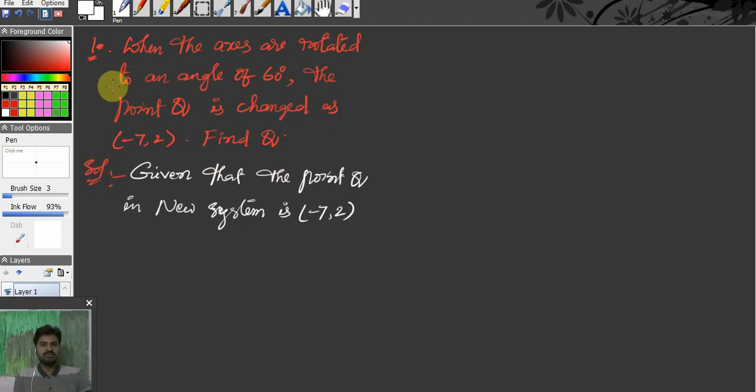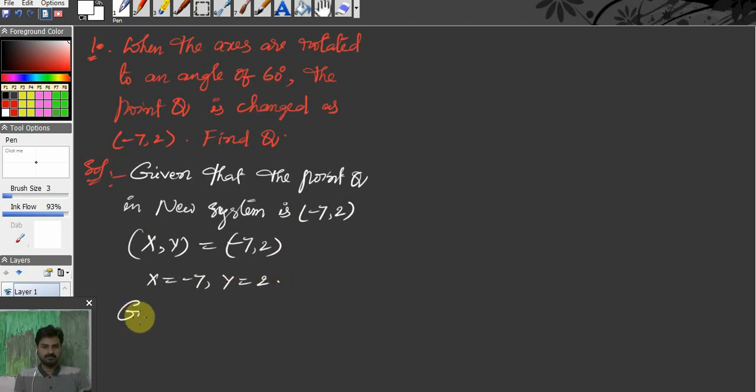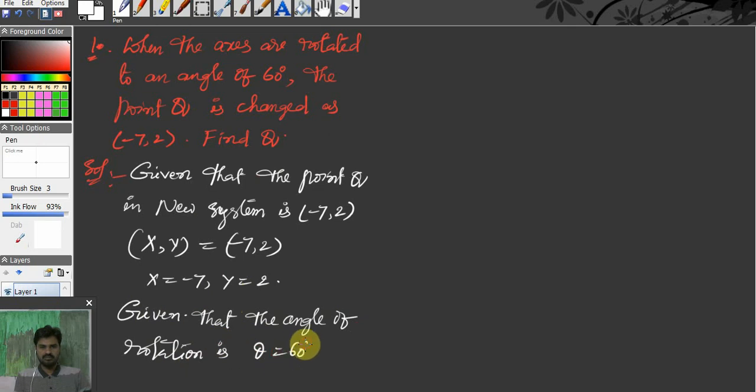So we can consider it as capital X comma capital Y, that is capital X is equal to minus 7, capital Y is equal to 2. Next, 60 degrees is given. That is the angle of rotation, theta is equal to 60 degrees.